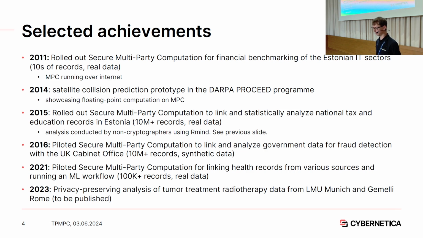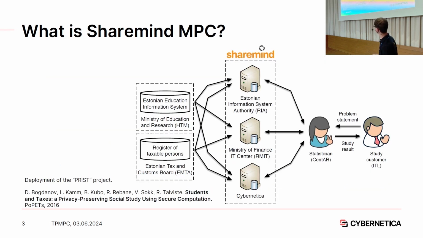Then the other deployment I would like to point out is from 2015. This is actually what this picture was about. It's interesting because it's the largest in the sense of data volume for us. We got over 10 million tax records from the Tax and Customs Board.